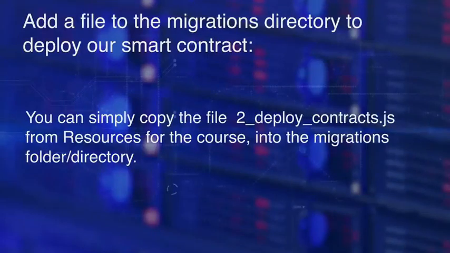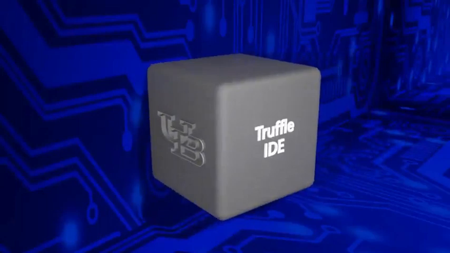Are you ready to deploy the smart contract? Once again, from the base directory of the ballot, issue the command truffle migrate --reset. On execution, you will see saving successful migrations to network with the ballot contract name.